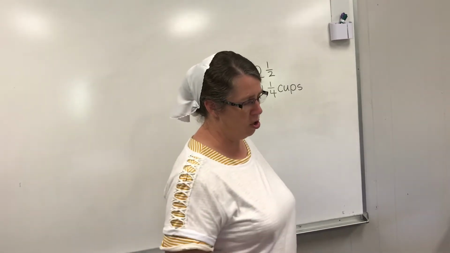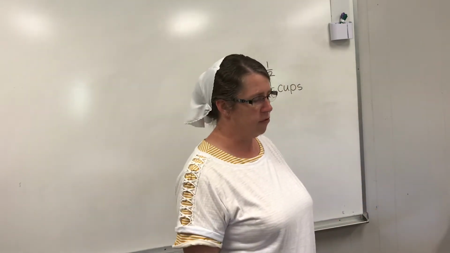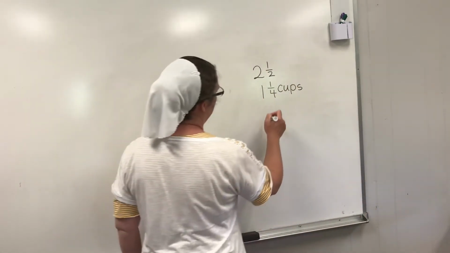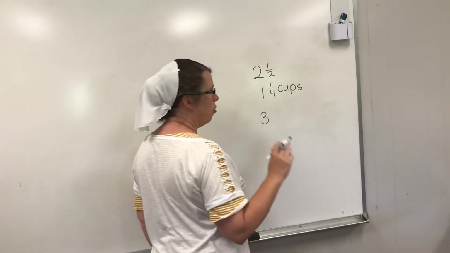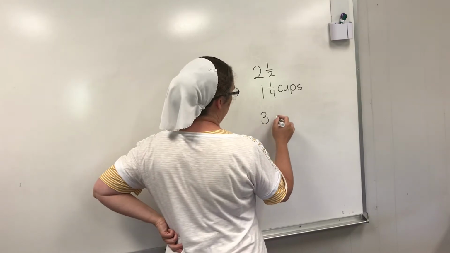All right, on 2A is our baking powder, and we have 3 teaspoons of baking powder. Again, if you don't know what half of 3 is, multiply it times 1/2.